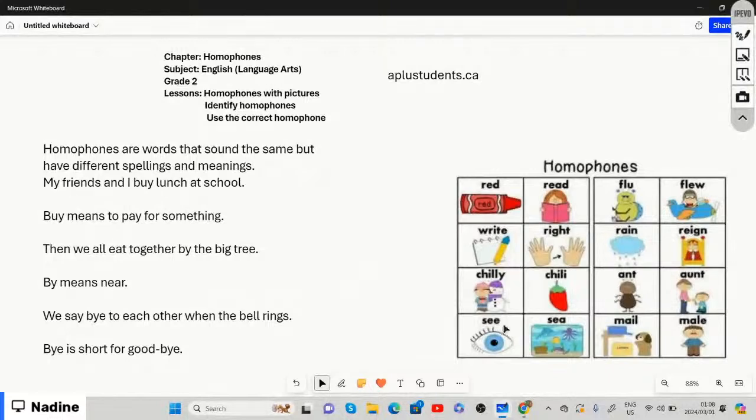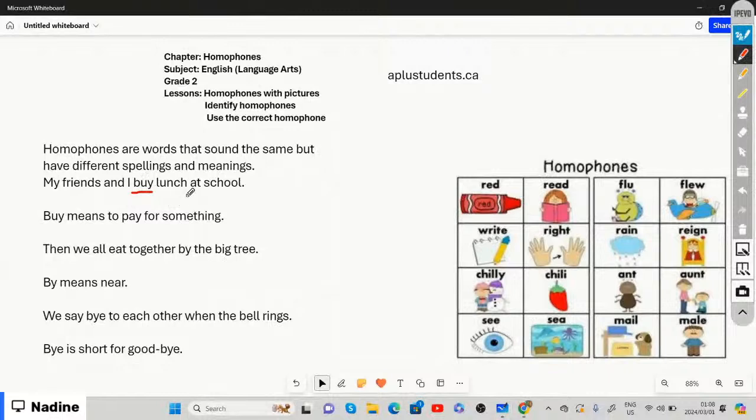All right. And if we look at an example of homophones, it is: my friends and I buy lunch. Look at the first word, buy, B-U-Y. Buy lunch. This word buy, B-U-Y, means that you are paying for something.